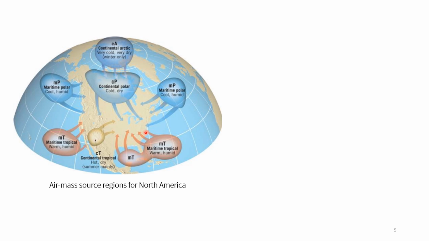So air masses do not generally form in the middle latitudes because this region experiences a variety of fast-changing weather patterns. Rather than supporting stagnant air, this middle latitude region experiences a variety of fast-changing weather patterns.